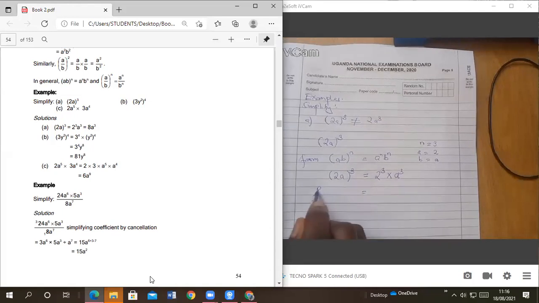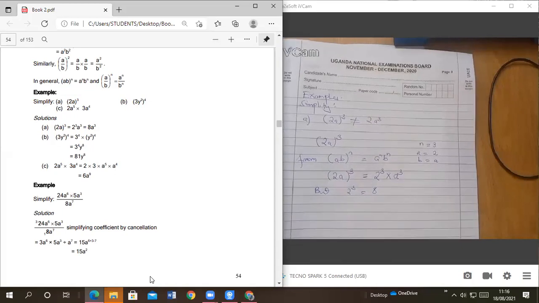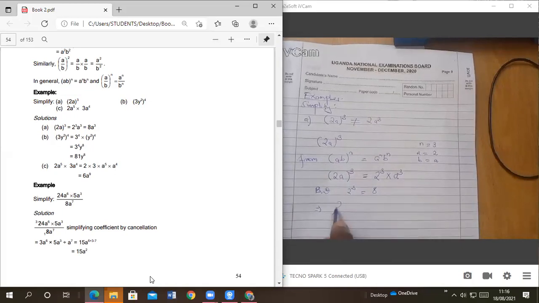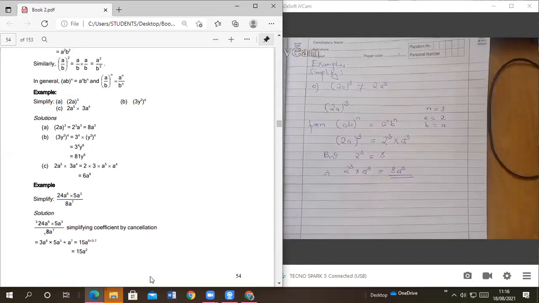It is 8. So 2 to the power 3 times a to the power 3 becomes 8a cubed. That was using the power law.